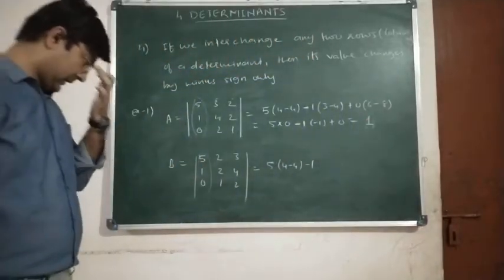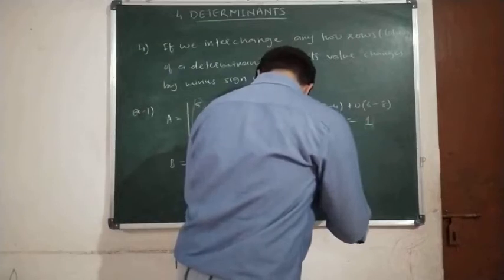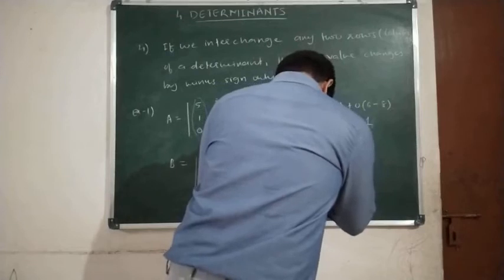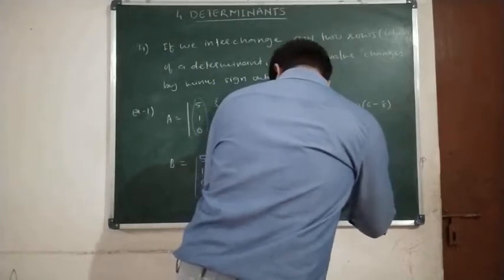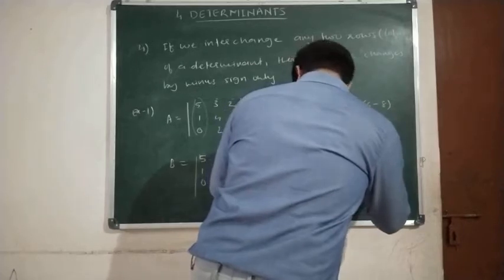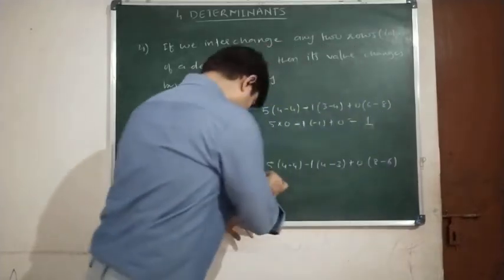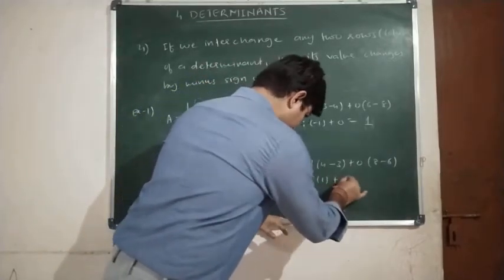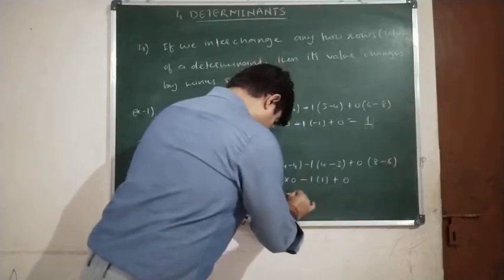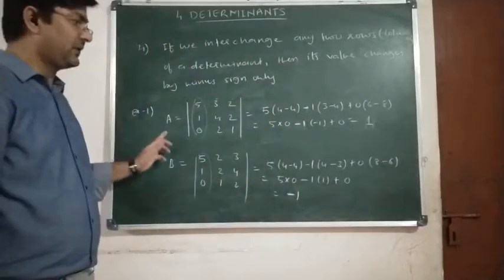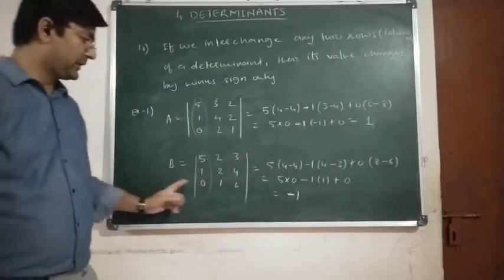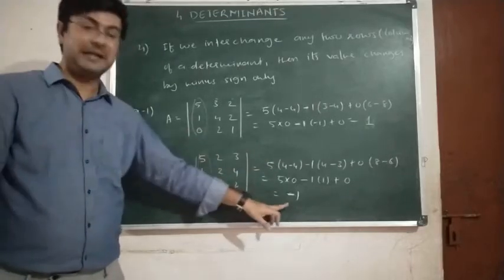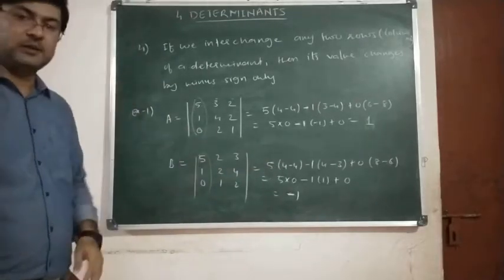Here, okay, again minus 1 into 2 to the 4 minus 3 plus 0 into 4 to the 8 minus 3 to the 6. Okay, so first term 5 into 0 minus 1 into 1 plus 0 is equals to minus 1. So notice that the value of determinant A is 1 while the value of determinant B is minus 1. Clear? So the values have changed by minus sign only. So this is property number 4.